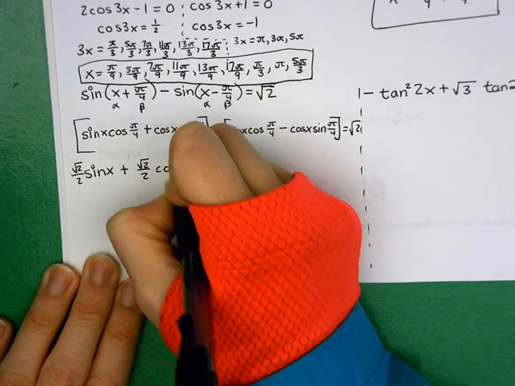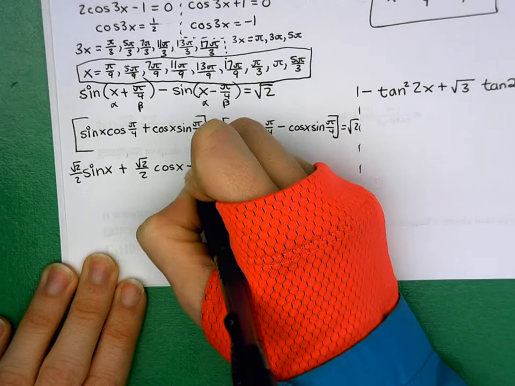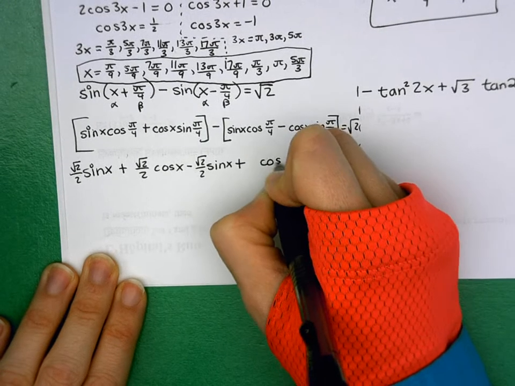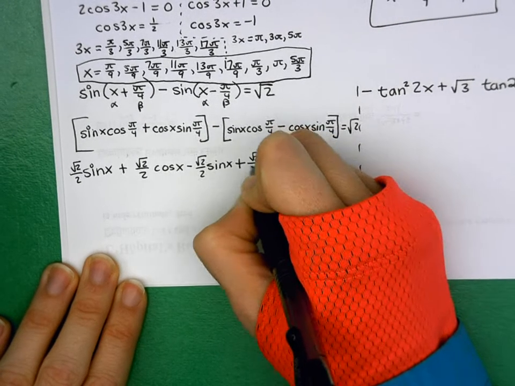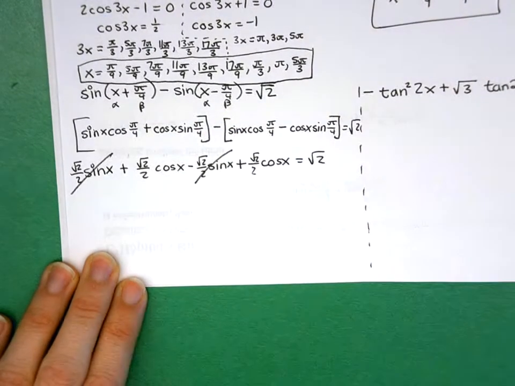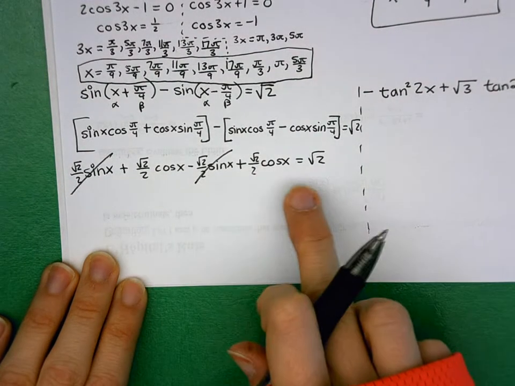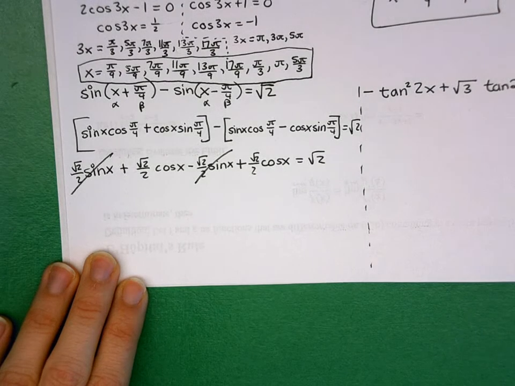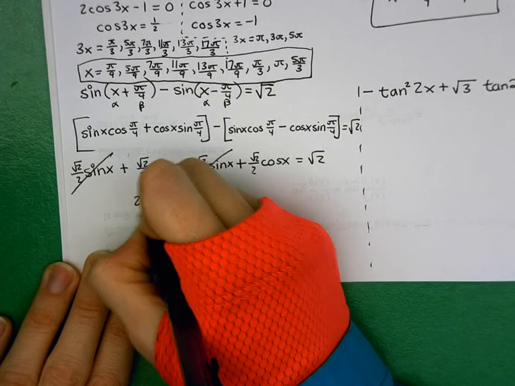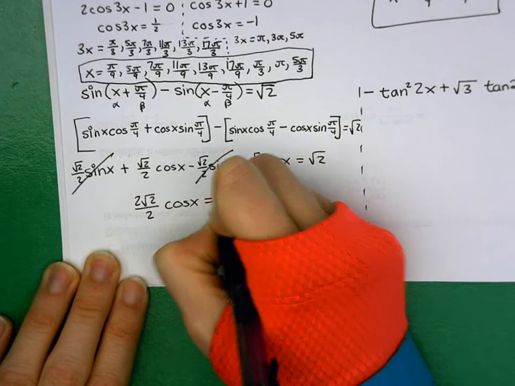Distributing the negative in, what we've got there are two like terms that will cancel, and two like terms that will combine. Root 2 over 2 plus root 2 over 2 is 2 root 2 over 2, which simplifies to just root 2.